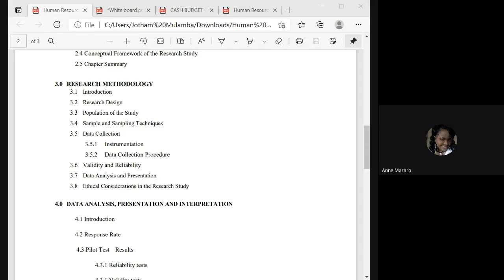We have questionnaire, that's one of them. Drusilla, you want to tell us? Okay, Priska, another method, other than questionnaire? Another method?